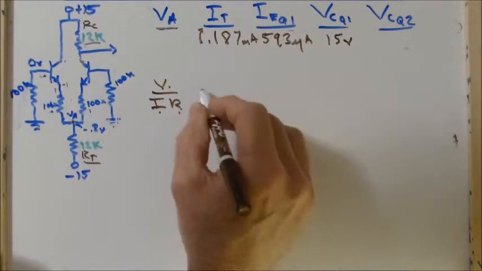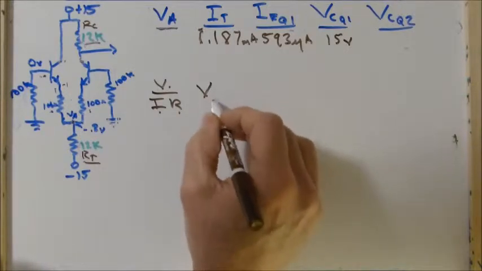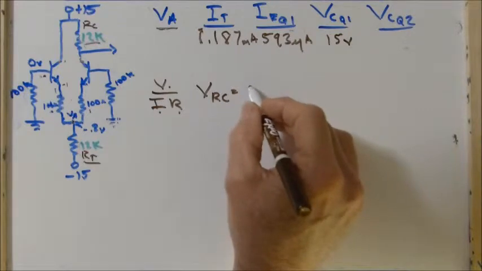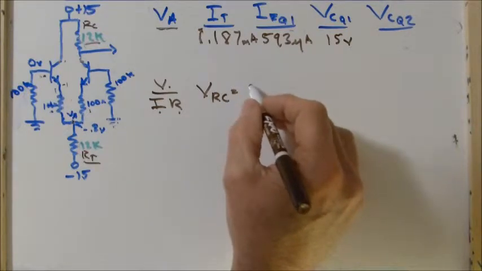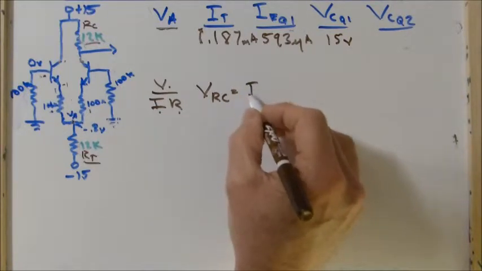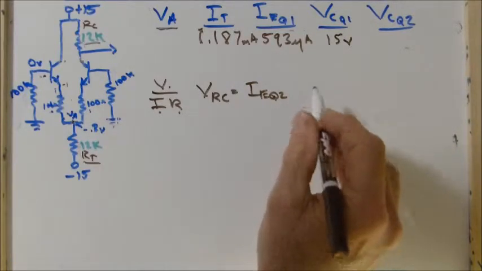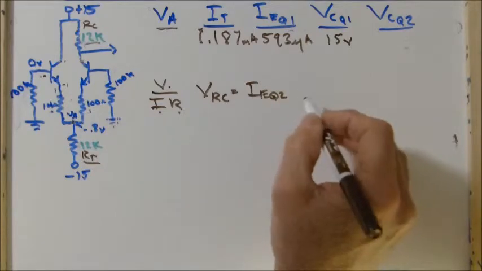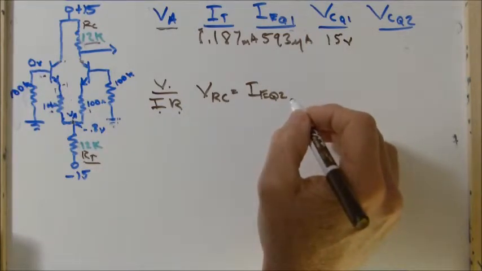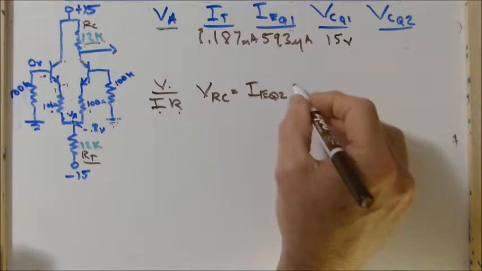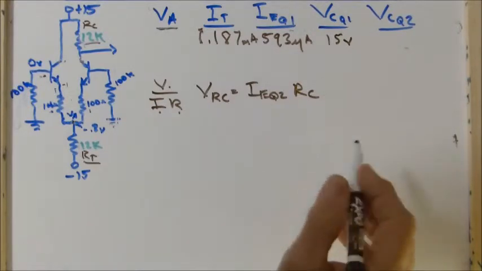So the voltage of RC is going to be equal to IEQ2, which is the same as IEQ1, times the 12K, so RC.